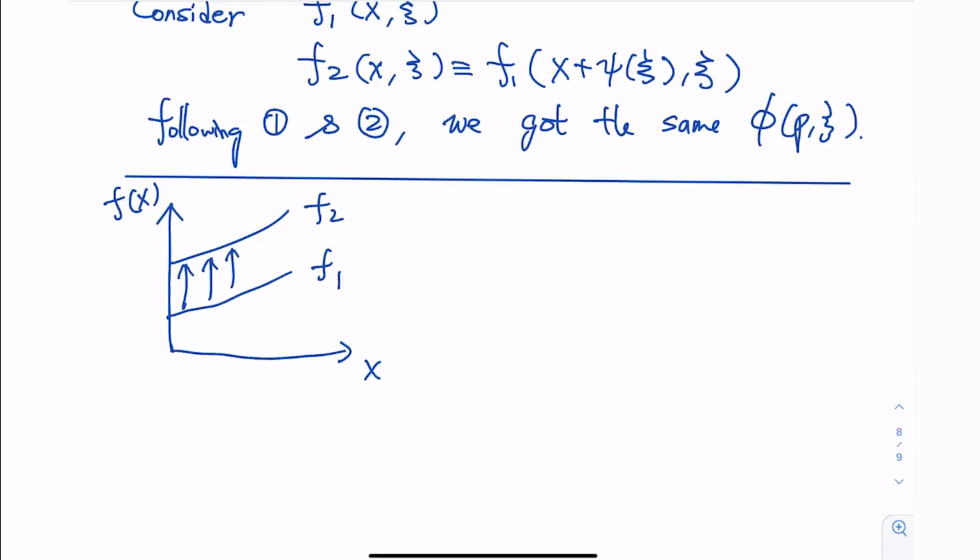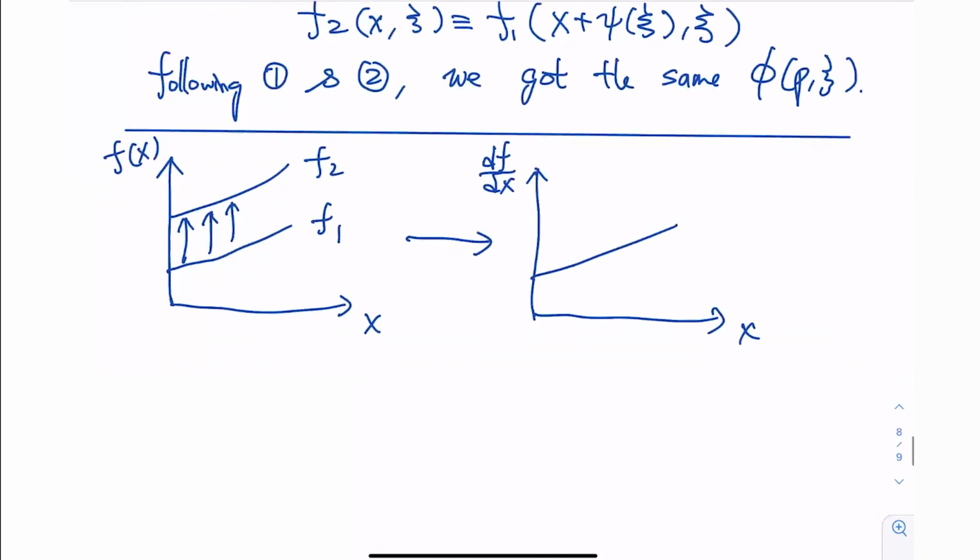If we ask what is the slope of this function, we'll find that df dx is basically the same value, because it's just a constant shift. When you take the derivative, nothing changes. So that means you cannot use the slope of this function to reverse construct your function f.